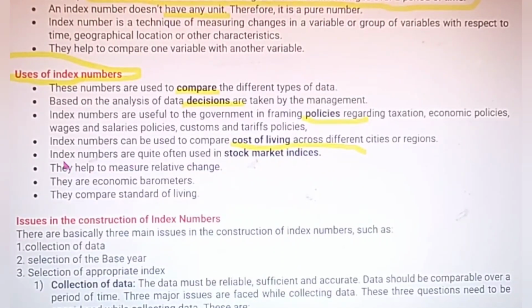And even these index numbers are quite often used by stock market researchers and valuers. They help to measure the relative change over a period of time, and they are basically the economic barometers. It is very popular in statistics, and we can compare the standard of living of the people.